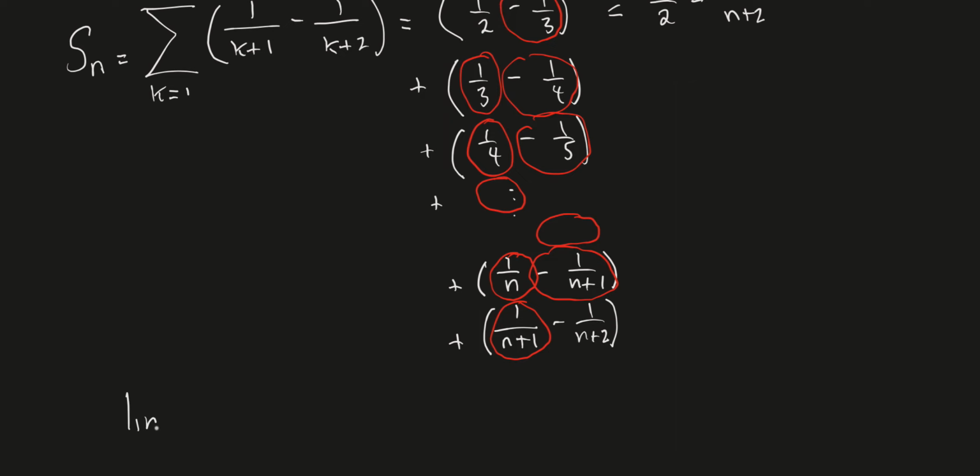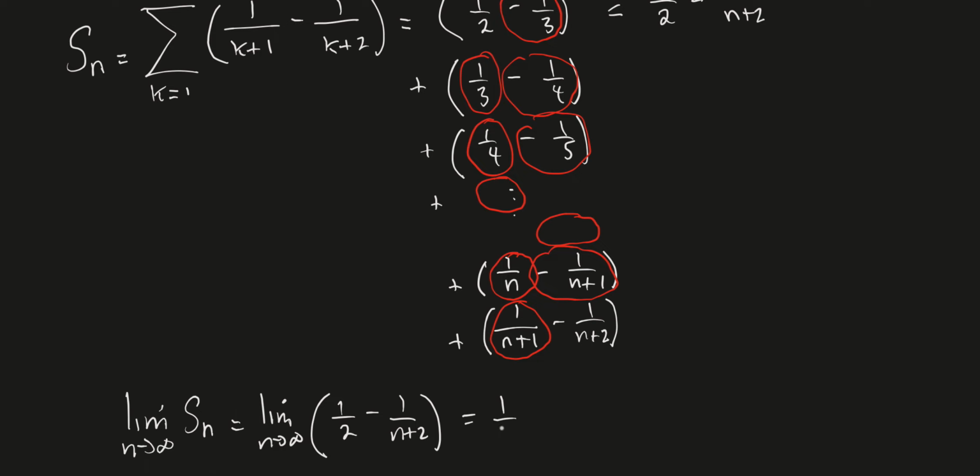The limit as n goes to infinity of s sub n is the limit as n goes to infinity of 1/2 minus 1 over n plus 2. This term here approaches 0. So we end up getting 1/2 minus 0, which is equal to 1/2.